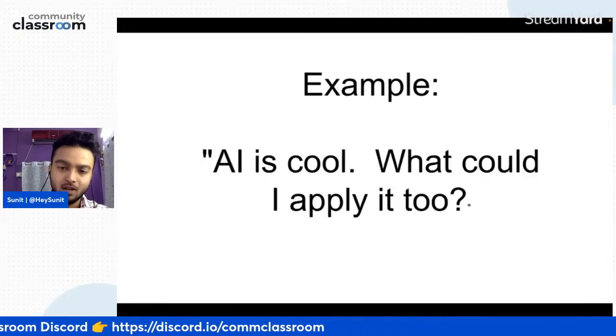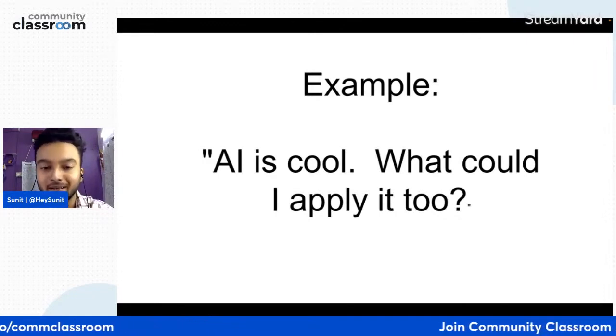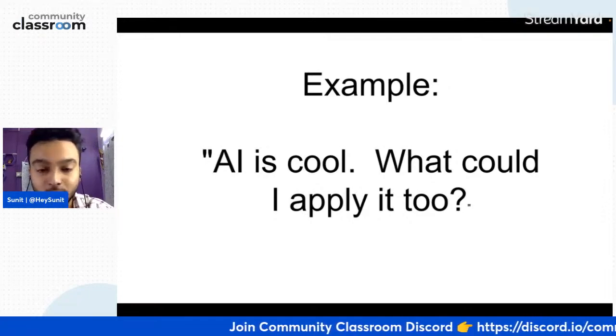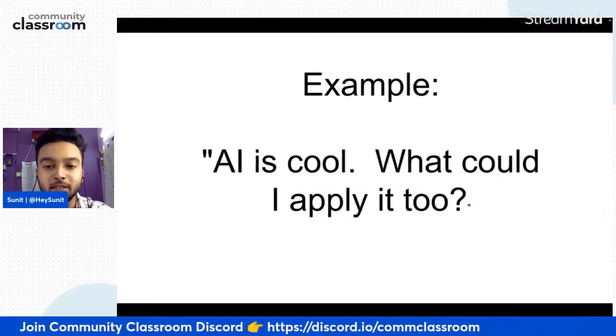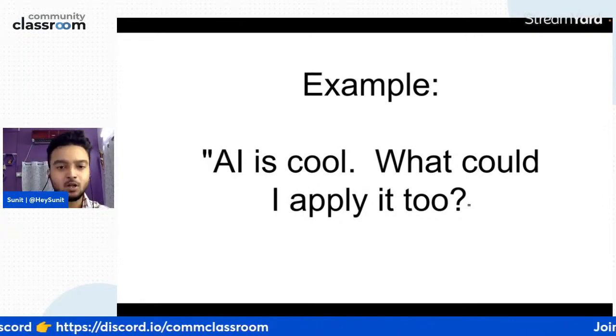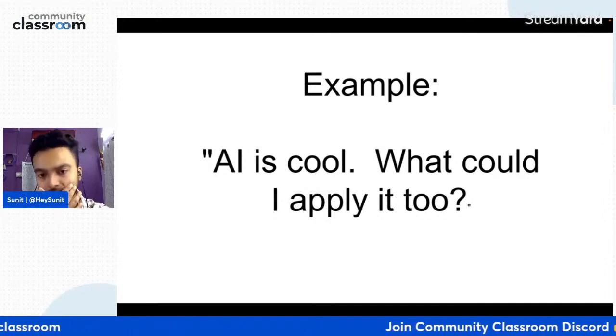For example, AI is pretty cool, so where can I apply it? Even for web3, if you think web3 is pretty cool, you should not directly go, web3 is pretty cool, I want to apply it somewhere, so let's build a startup.